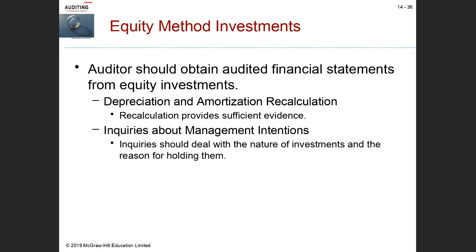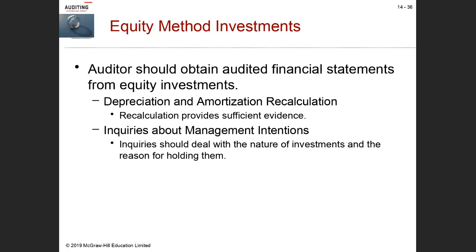But if you intend on selling that investment, it's potentially the case that a loss might have to be recorded, right? If the market value of that investment has reduced, and you're now going to report this investment on a market value basis instead of an equity basis because you're going to dispose of it, again, that may create a situation where there's a loss.